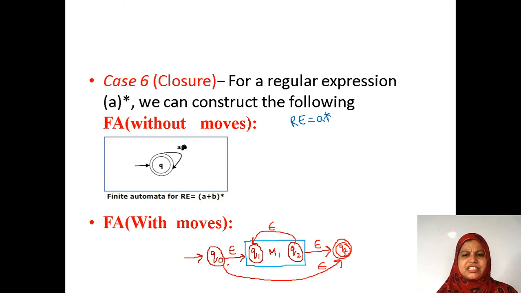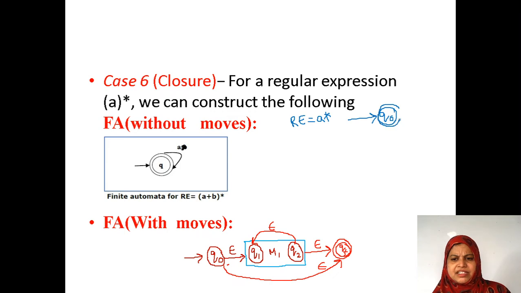A star means the closure. Closure means self loop. If only A star is there, its initial state is also its final state, with a self loop. In this format we are going to define this self loop. This is the NFA without epsilon moves.